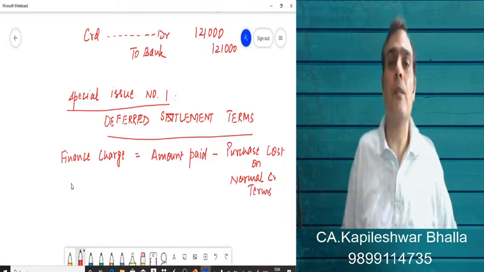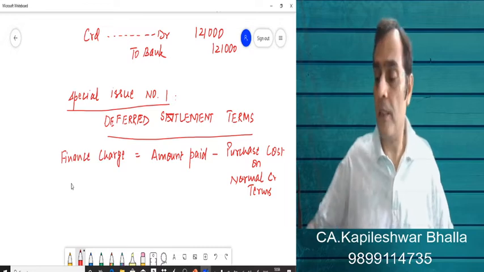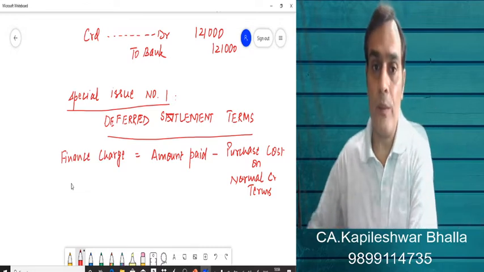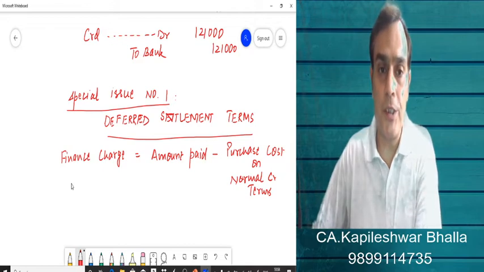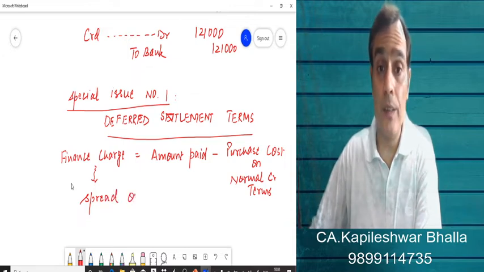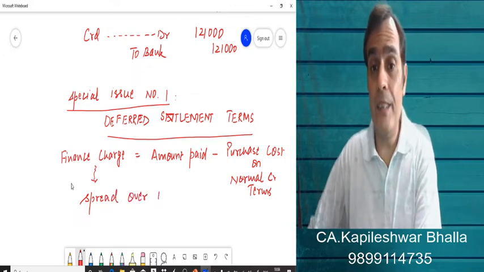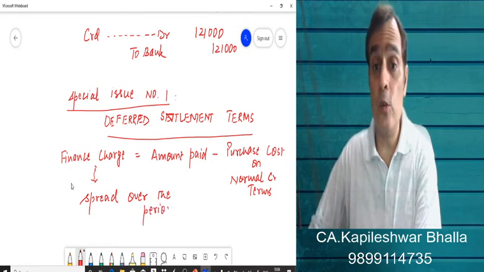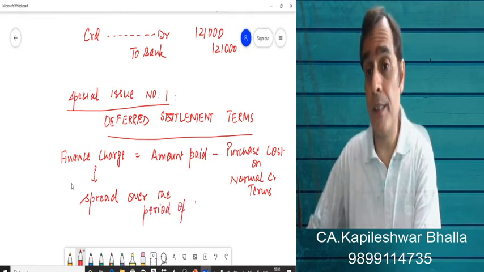So in my example, the normal credit terms means the purchase cost is 1 lakh and the amount paid is 121. So this finance charge is going to be spread over the period of credit. It could be 2 years or whatever.